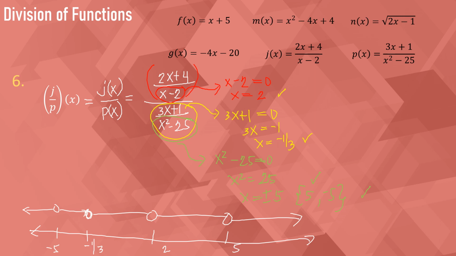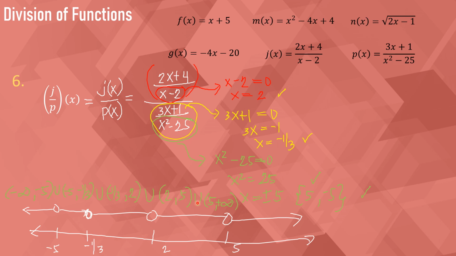So, lahat yan ipinagbabawal. So, magiging itsura ng domain is lahat ng numbers less than negative 5, union, lahat ng numbers between negative 5 and negative 1/3, union, all numbers between negative 1/3 and 2, union, all numbers between 2 and 5, and lastly, union, all numbers greater than 5.